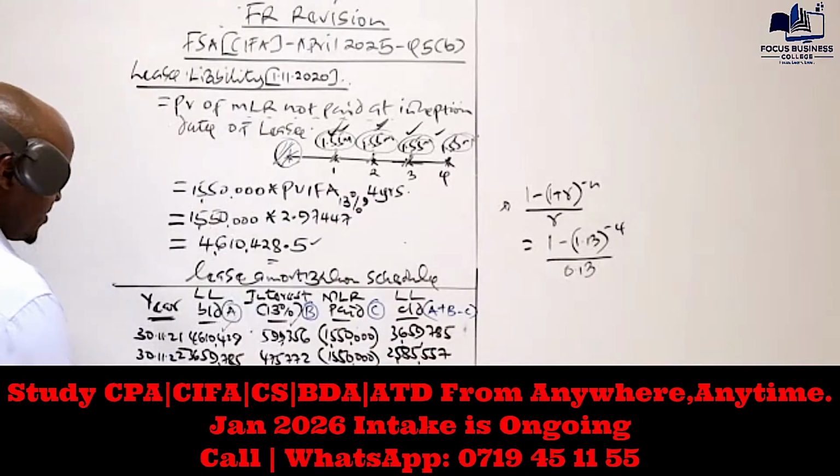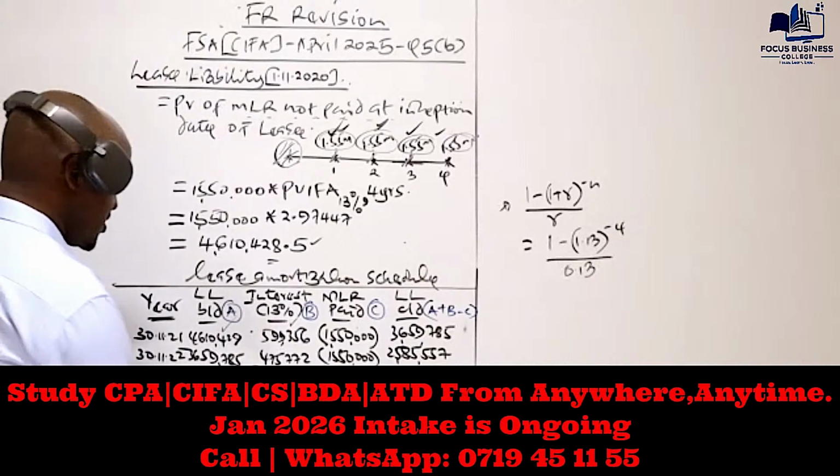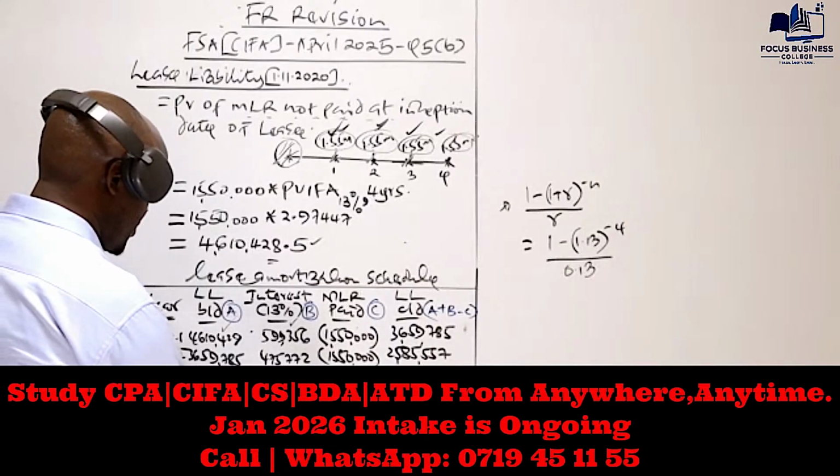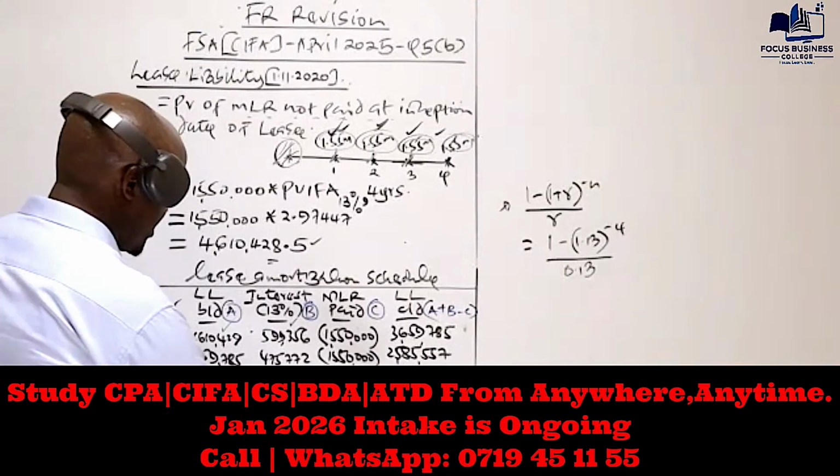So that will be the opening balance here. We compute the interest as 13%, which will give us 336,122. The amount paid is 1,550,000.